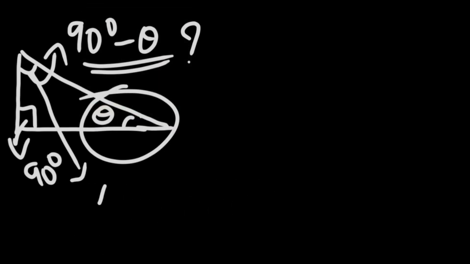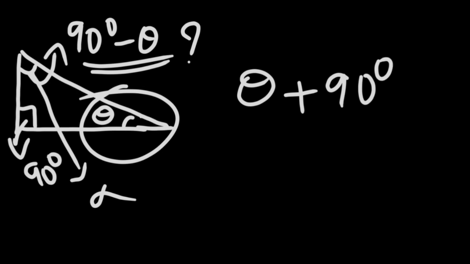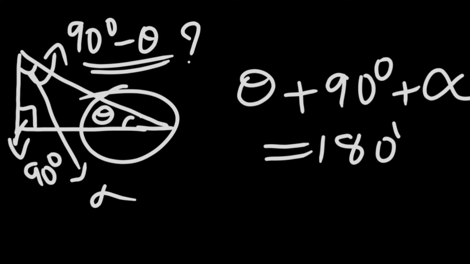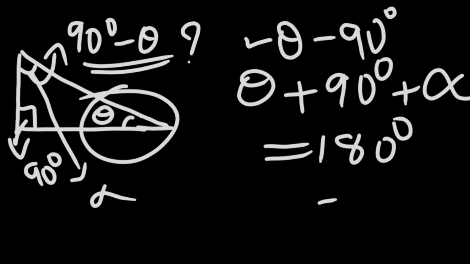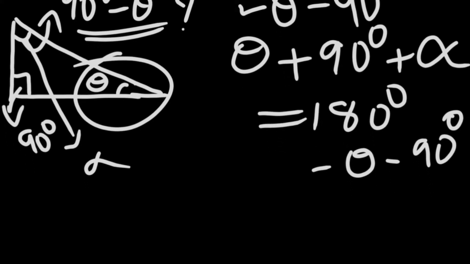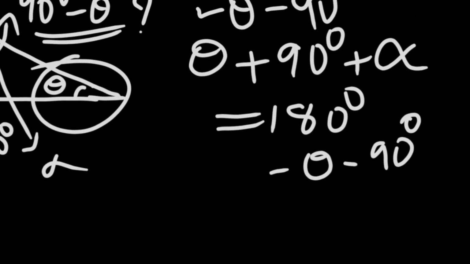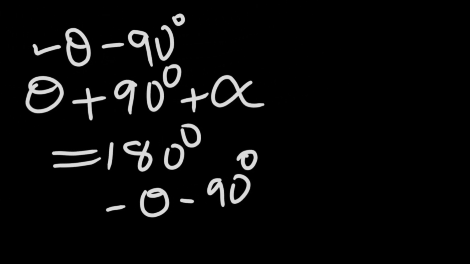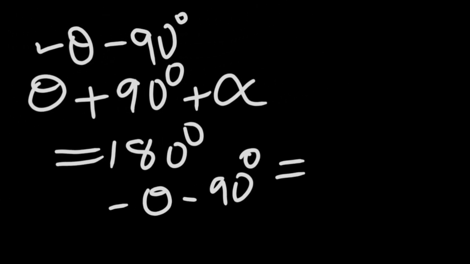So this is alpha. Theta plus 90 degrees plus alpha should be 180 degrees. Now I'll subtract theta and 90 degrees from both sides.